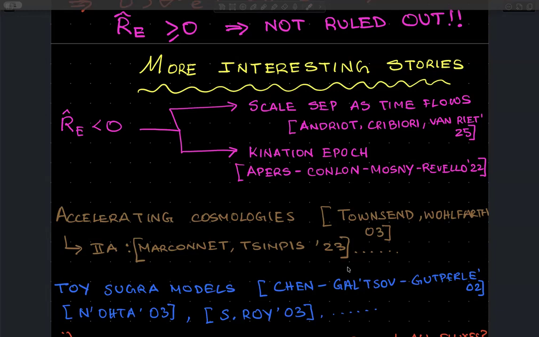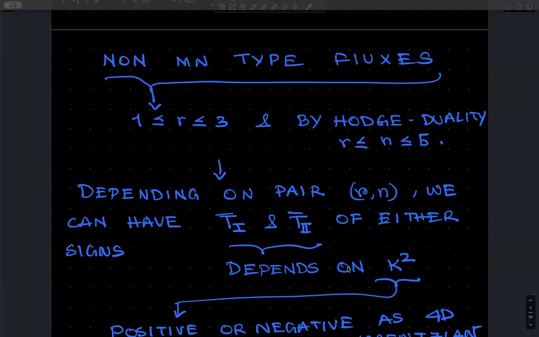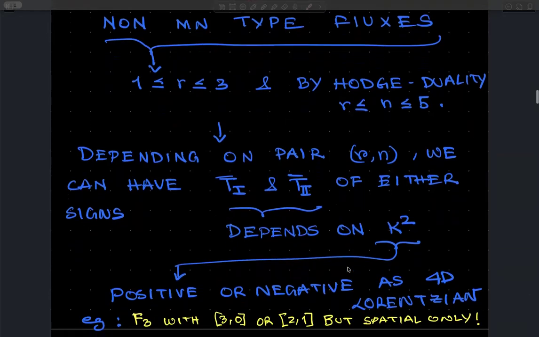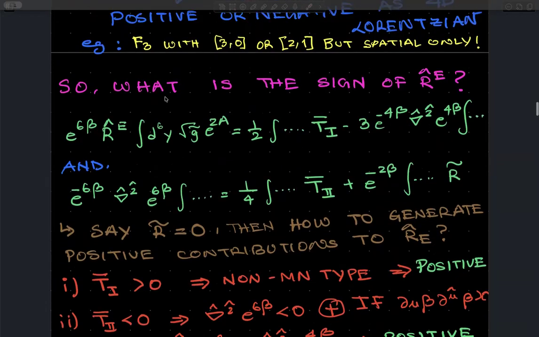Sorry, I interrupted you. Yeah. In our setup, we do not violate it, but what we were thinking is that if what we were calling this non-Maldacena-Nuñez type flux, maybe this helps us in some way getting a contribution which is positive to the Einstein-frame Ricci scalar. But the supergravity equations did not allow us to have that.